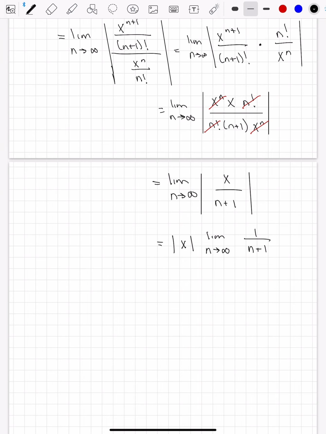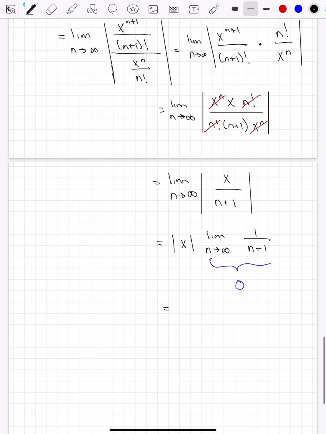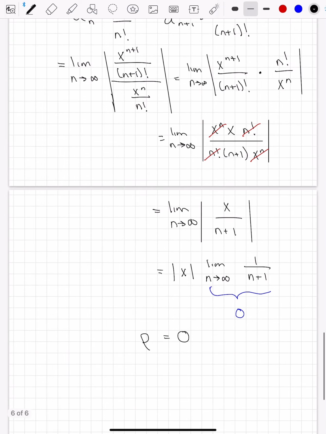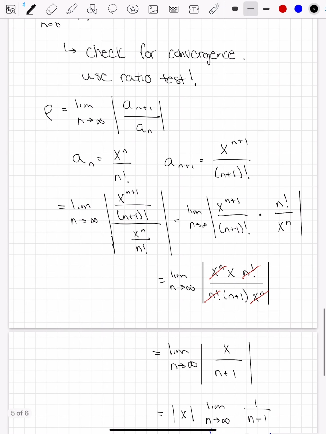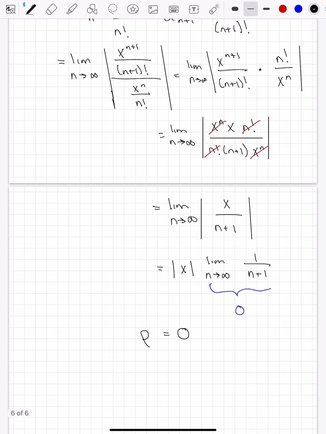Then we know that this limit is going to 0 because n is in the denominator, so this whole thing is going to 0 because x times 0 is 0. Anything times 0 is 0. So our rho is 0, which, remember, is less than 1.